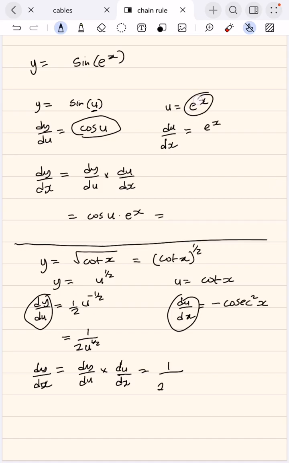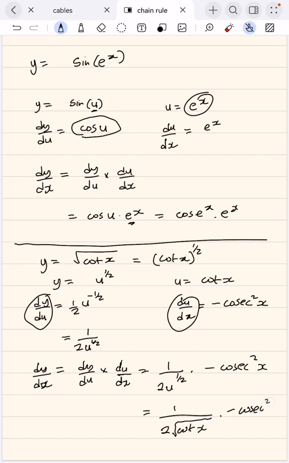But we know our u is e to the x, so this will be cos e to the x times this e to the x. The same thing here: this is u exponent half times negative cosec x squared. We substitute u now because we don't need u. What is our u? It's cot x. Because it's exponent half, it's square root of cot x times negative cosec x squared.